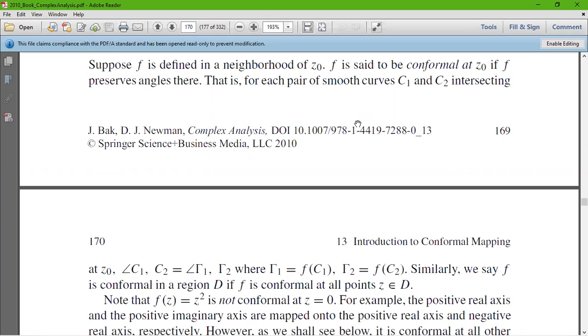That is, for each pair of smooth curves C1 and C2 intersecting at Z0, the angle between C1 and C2 equals the angle between gamma 1 and gamma 2, where gamma 1 equals f of C1 and gamma 2 equals f of C2, which are two curves. Similarly, we can say f is conformal in region D if f is conformal at all points Z belonging to the domain D.